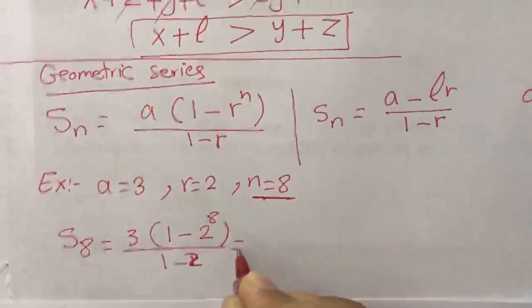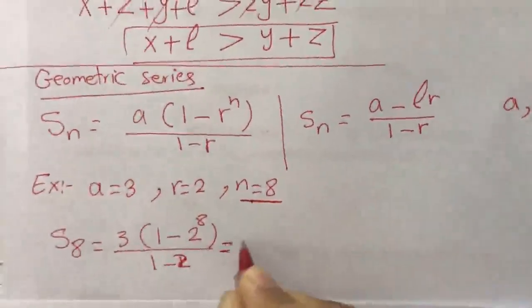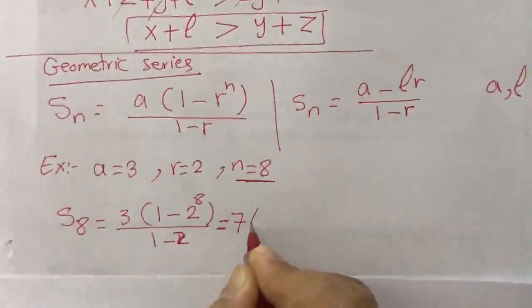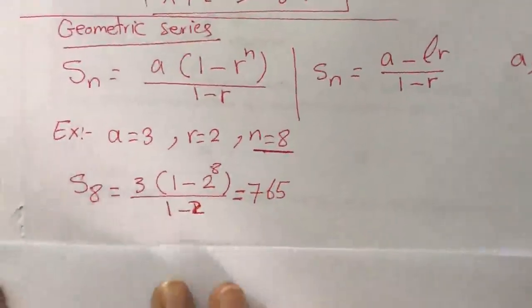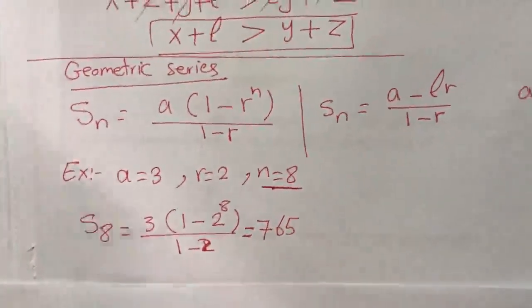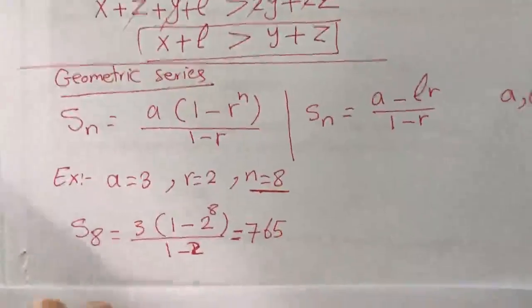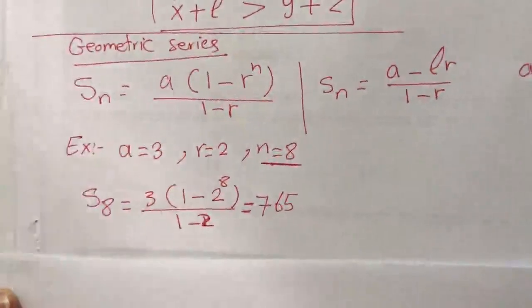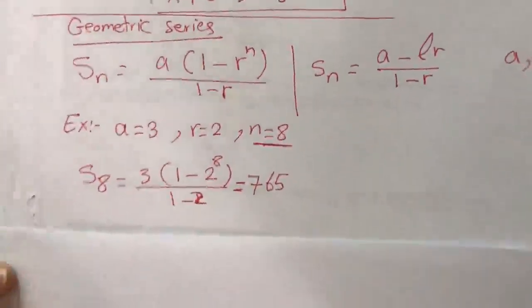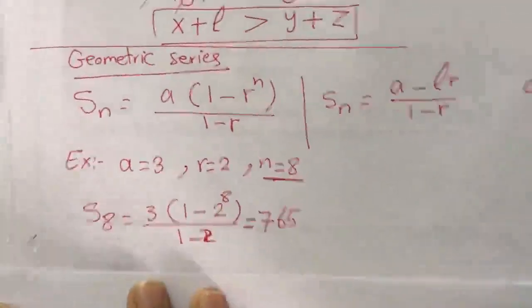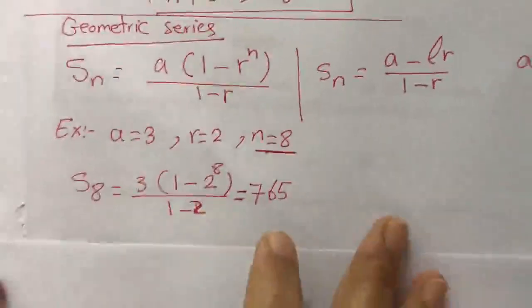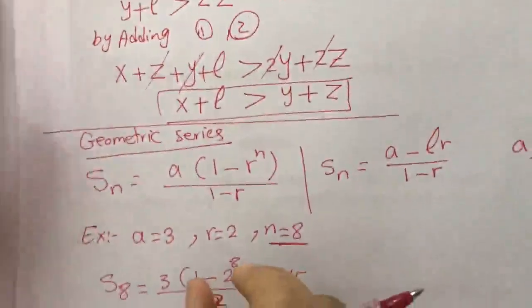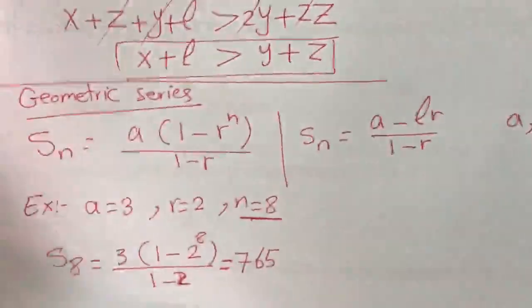It will be, by using the calculator, 765. Please, you must differentiate between T8 and S8. T8 means the 8th term, but S8 means the sum of the first 8 terms.